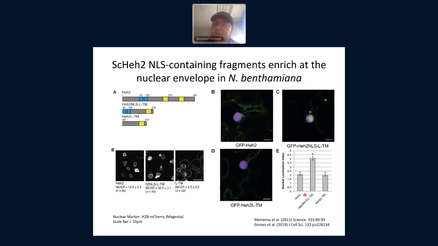We saw that full-length Heh2 had an NLI of around 2, which is higher than that of our ER membrane protein. But the linker-transmembrane domain fragment, NLS-LTM, had a 2-fold increase in enrichment, which was abolished when you lacked the nuclear localization signals. This is a proof of concept that a previously published fragment could work in plants.